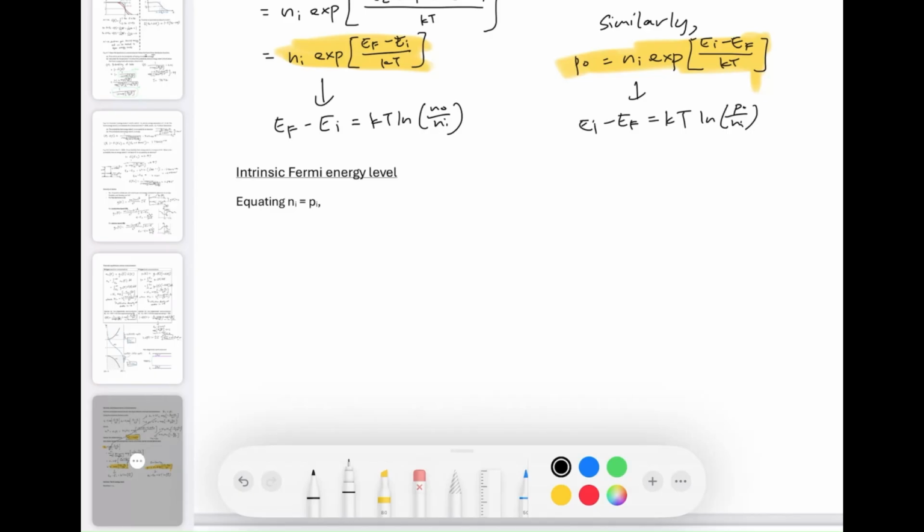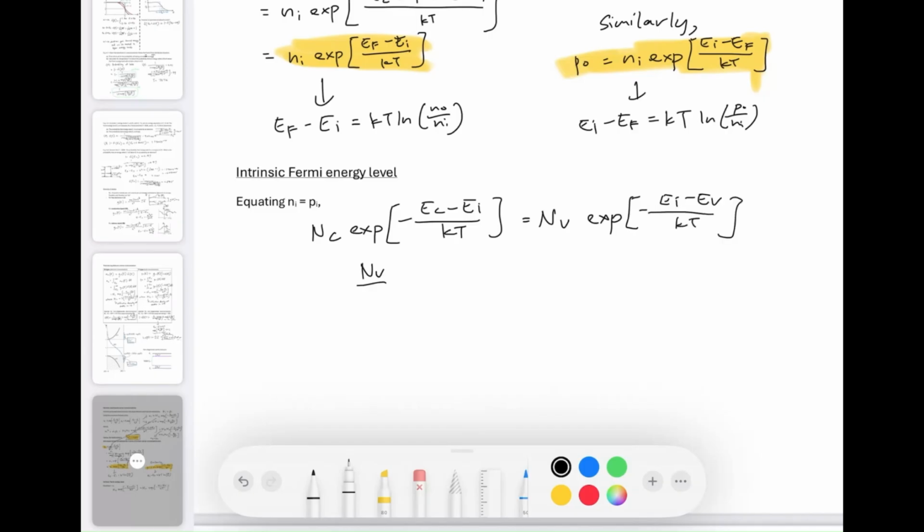Okay, so now let's move to the intrinsic Fermi energy level. Remember that an intrinsic semiconductor has equal electron and hole concentration, like we explained earlier. So we equate Ni equal to Pi, and we get Nc exponential of this is equal to Nv exponential of this. Again, we have got these two earlier on top.